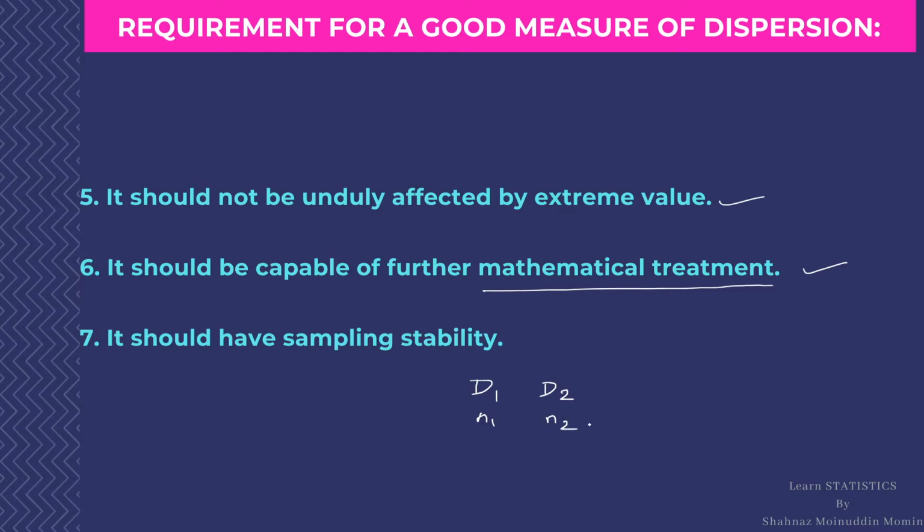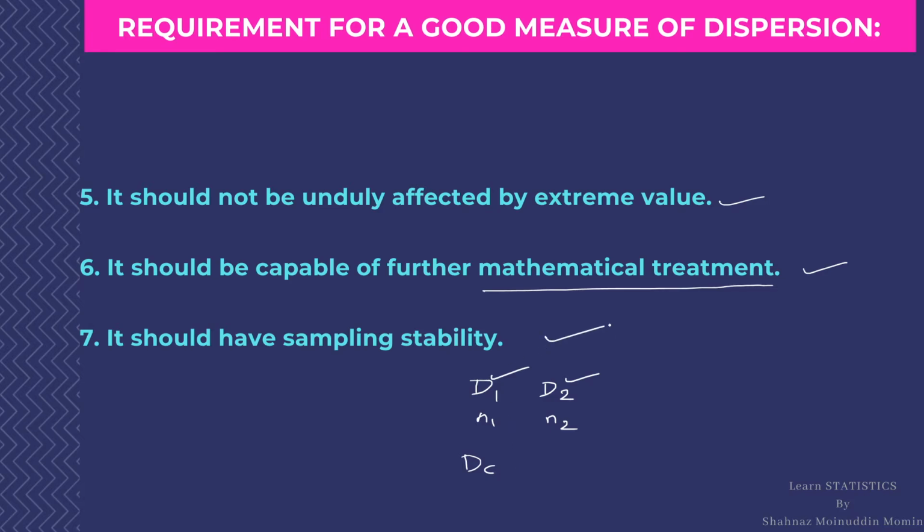If we combine these two sets and obtain a combined measure of dispersion, say DC, then it should be in terms of D1 and D2. This is known as mathematical treatment. If a measure satisfies this condition, then it is known as capable of further mathematical treatment.